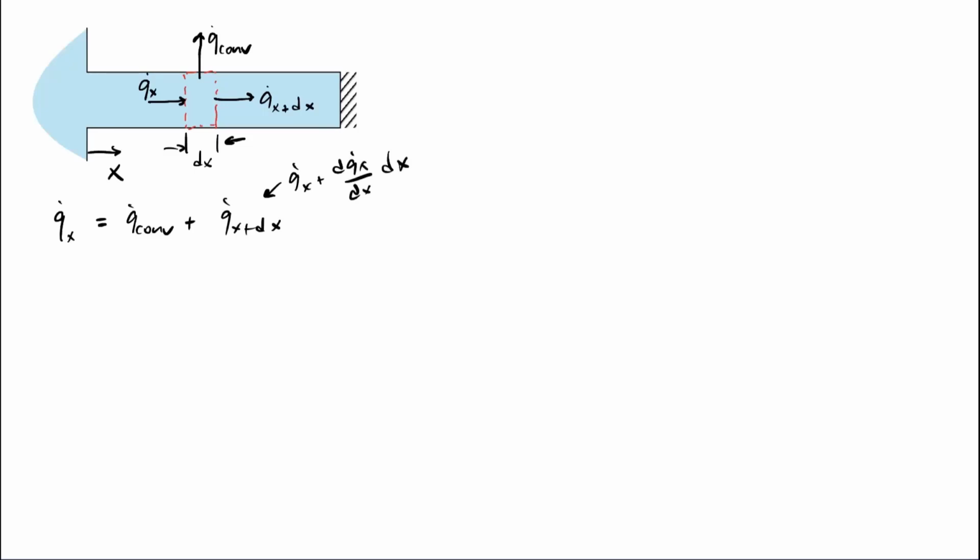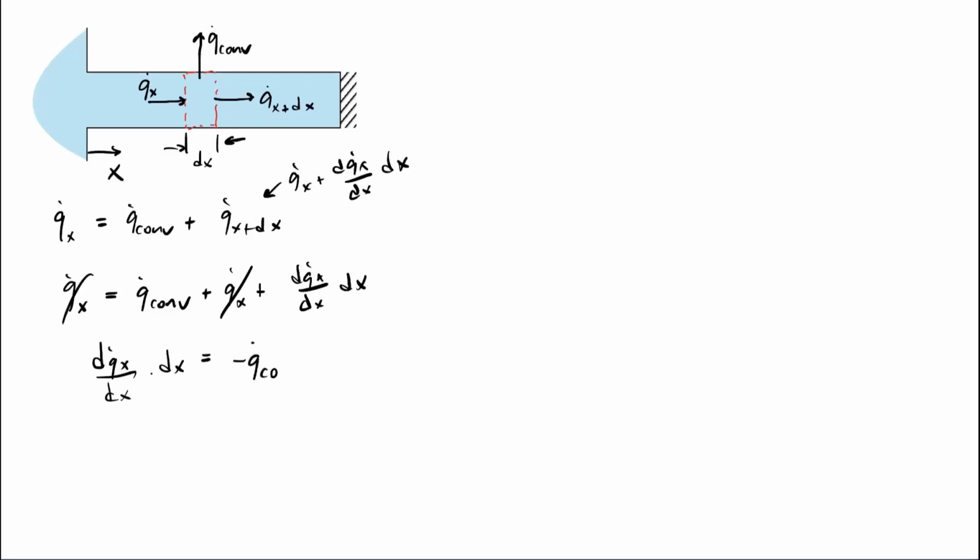So then our equation becomes q dot x equals q dot convection plus q dot x plus dq dot x dx times dx. The q dot x's go away, and we're left with dq dot x dx times dx equals, bring the minus, so it's minus q dot convection.